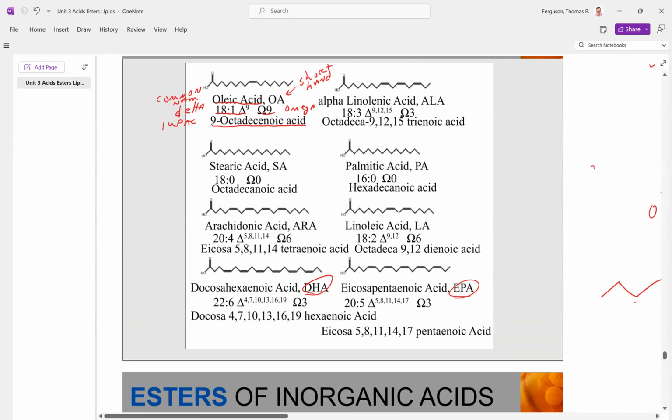So I went through everything. We have the structure itself. We have the delta naming, we have the omega naming, we have the IUPAC naming. Okay, so work on these over break.